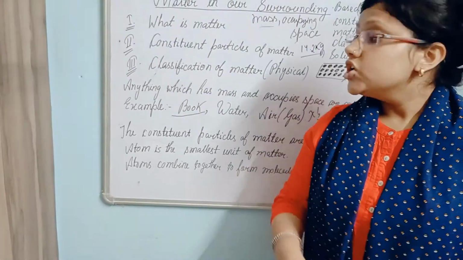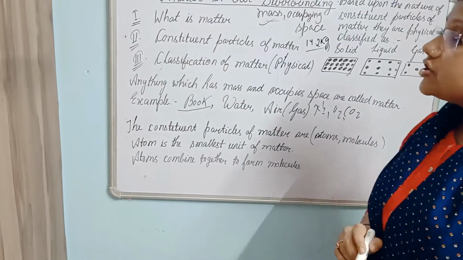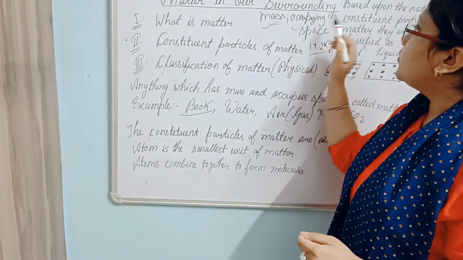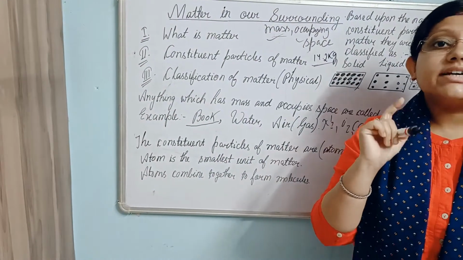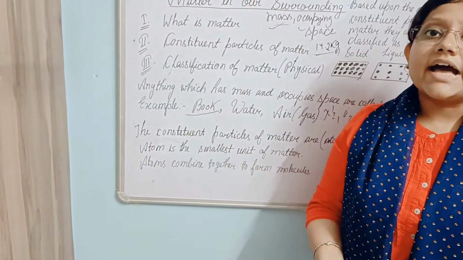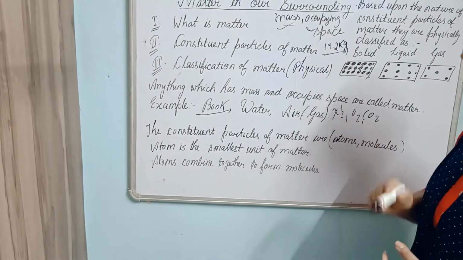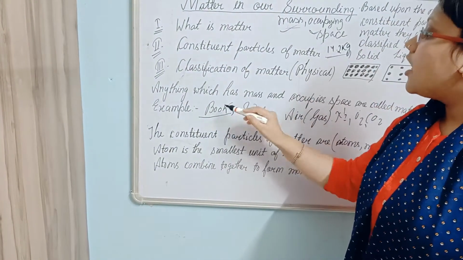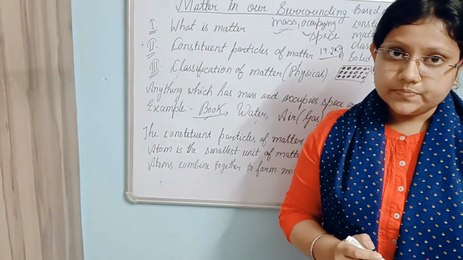So this experiment again satisfies the conditions that gas has a mass and also it occupies some space, because if the cylinder is completely filled with gas, you are not able to fill another amount of gas in it. So gas also occupies some space. So with the three experiments, we have explained how book, water and air are matter.